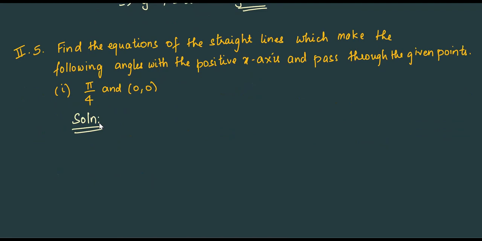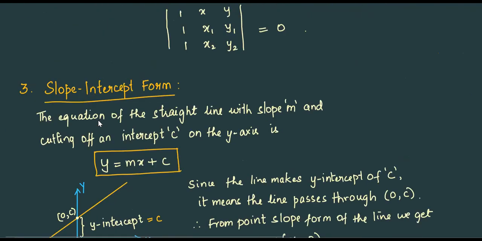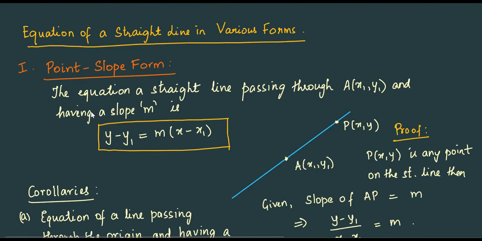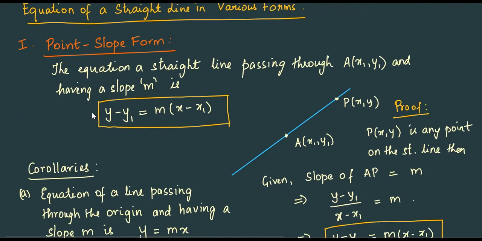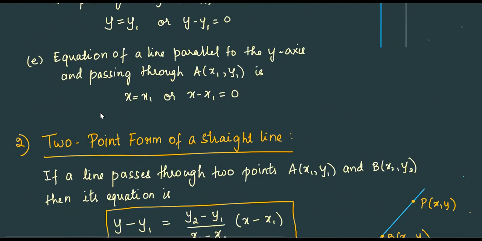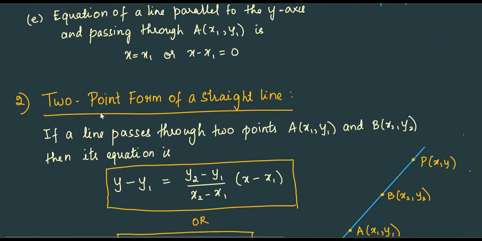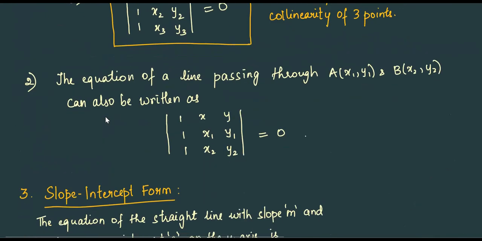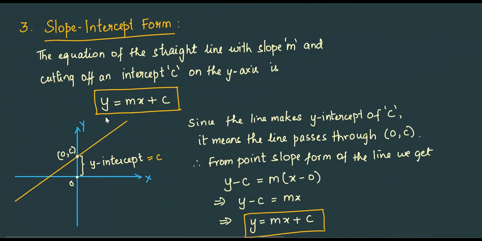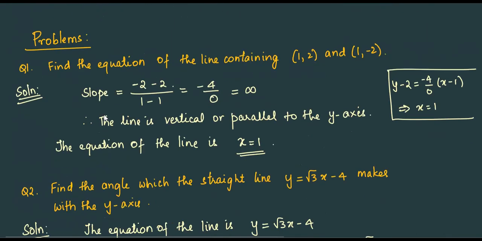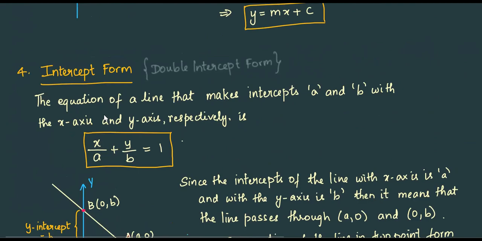Inclination of the line is given and one point is given. We discussed four forms: point slope form, two-point form, slope intercept form, and double intercept or intercept form.